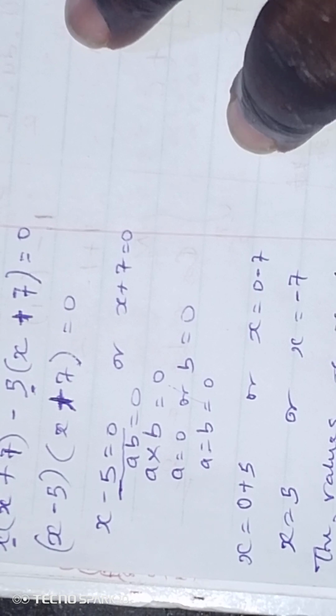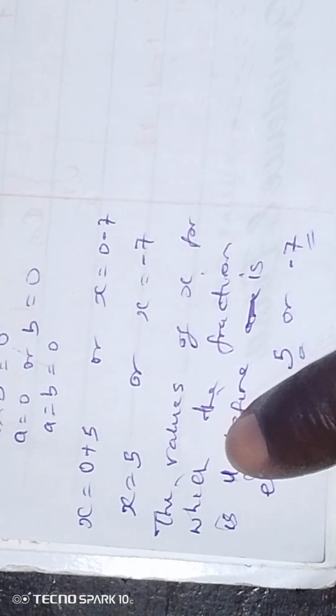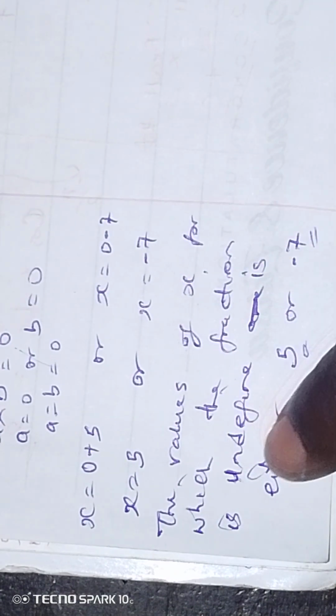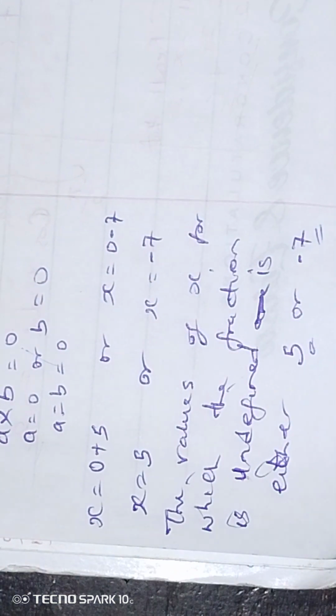Those are the two values of x that they requested. Sorry, I said the values of x for which the fraction is undefined is either 5 or -7.